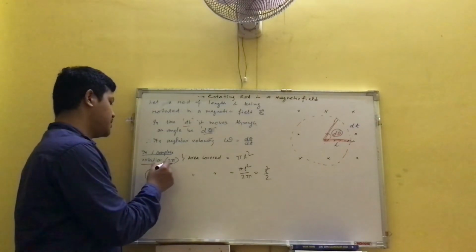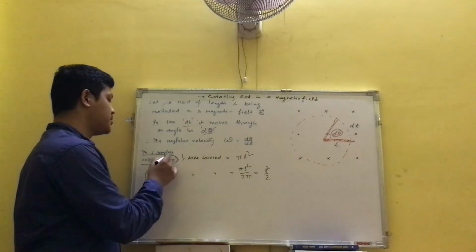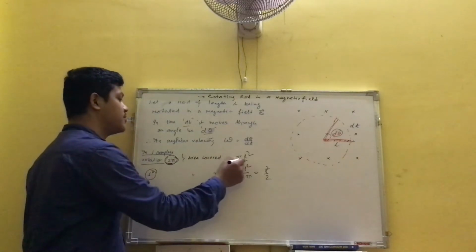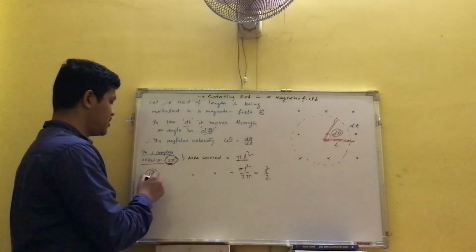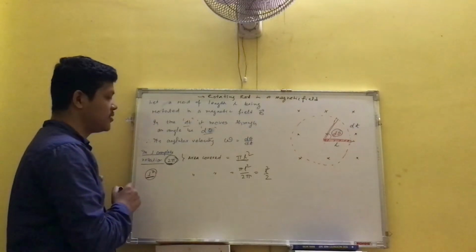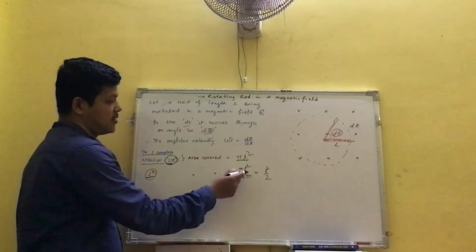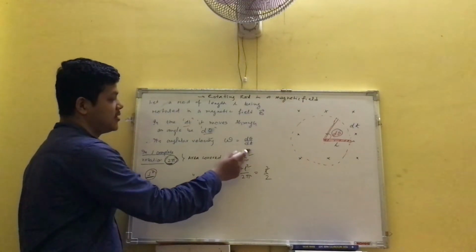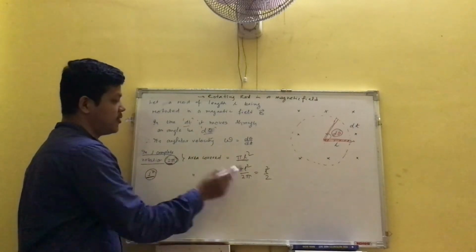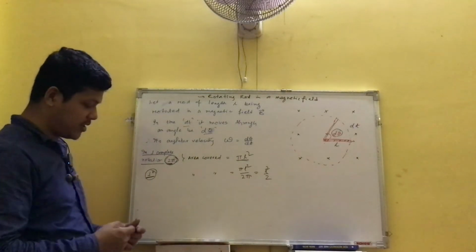So in unit rotation, the area covered will be this area divided by twice pi, that is L square by 2.